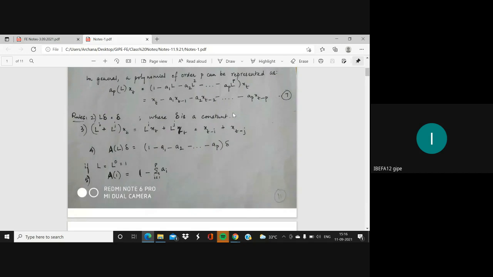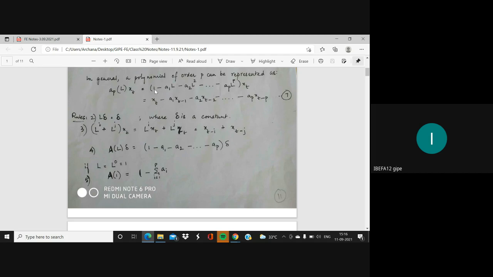Now, in general, if you have an AR(p) process, instead of writing out the entire equation like we do here, it will be far simpler to simply use the lag operator. So we use this notation for this. Since there will be p autoregressive coefficients, we put A_p here, and this is the lag operator.